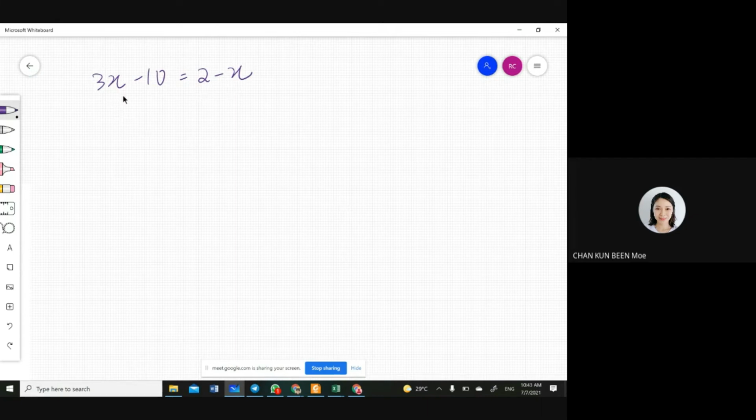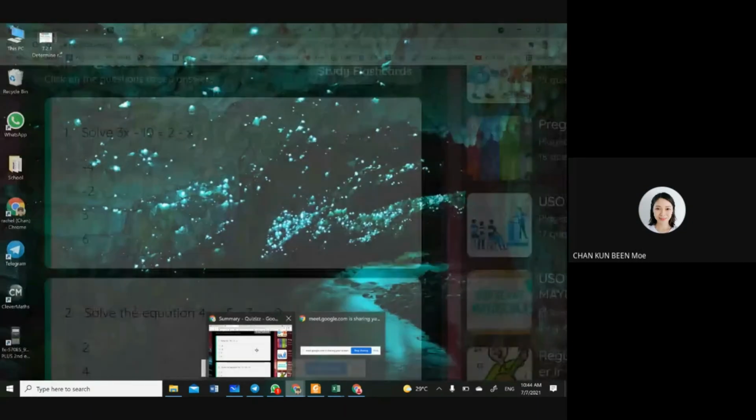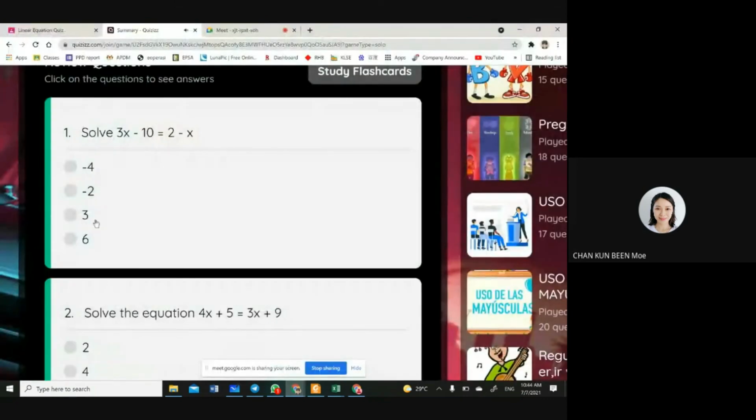You have to group the x together. We need to solve the x. So 3x plus x is equal to 2 plus 10. 3x plus x is 4x. 2 plus 10 is 12. So x is 12 divided by 4. The answer is 3. So you can see from here, the option answer is 3.